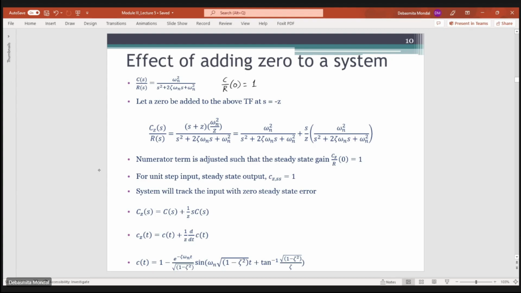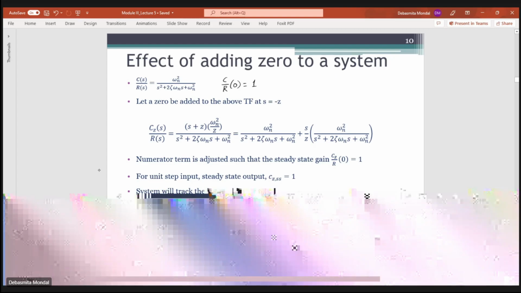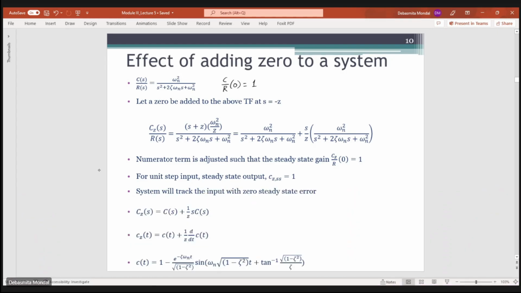When you provide a step input, this term contributes the value of Cs, which you can find over here, and the second term is 1 by z multiplied by s into Cs.